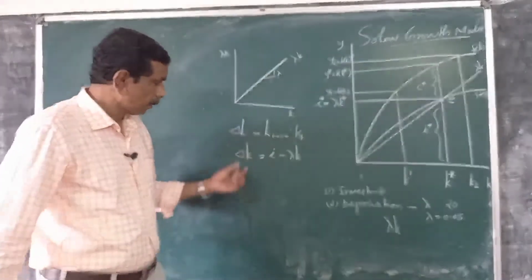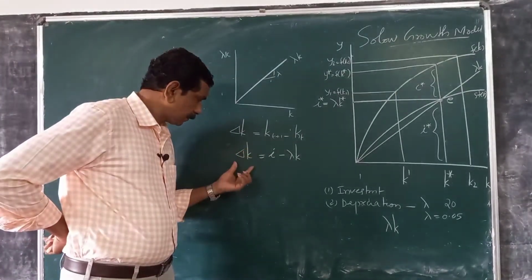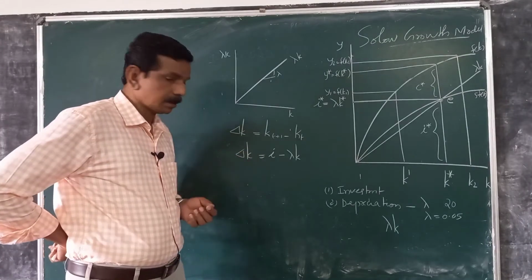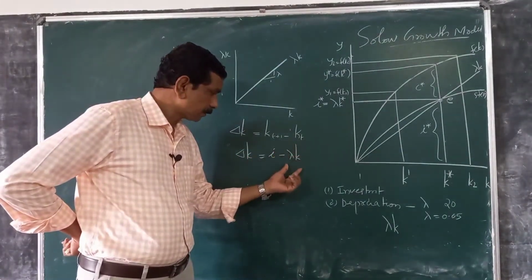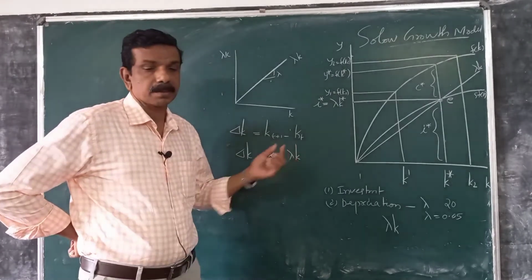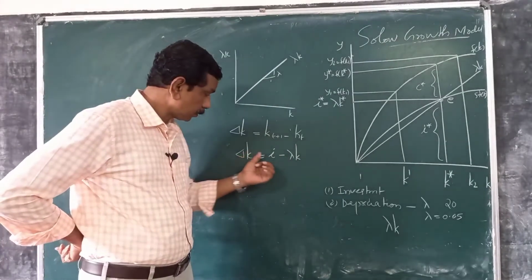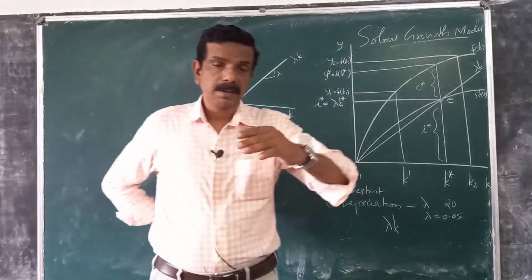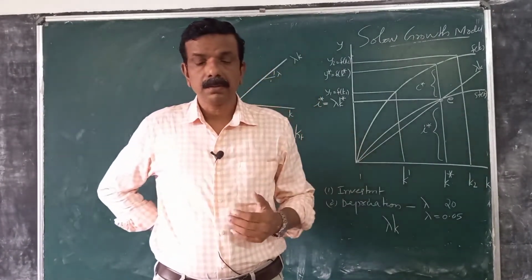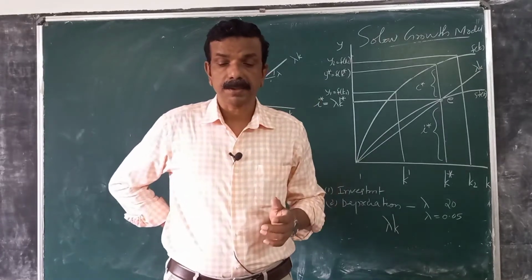That is, the change in capital per head is equal to investment per head minus depreciation per head. Change in the capital stock is equal to investment minus depreciation.